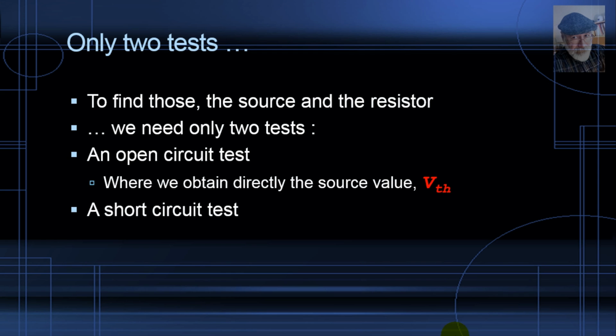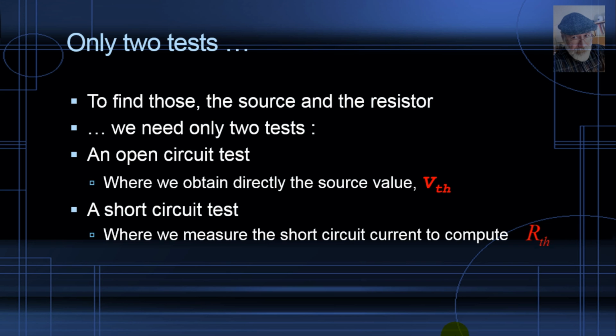In the first one, we measure directly the value of the source VTH, and in the second one, we measure or we compute on paper with M&A what is the value of the short circuit current, and with that we compute what is the value of the resistor RTH. Measuring the open circuit voltage of a port is fine, and we can even do that in a laboratory, but short circuiting the port of a live circuit may not be such a good idea, no.